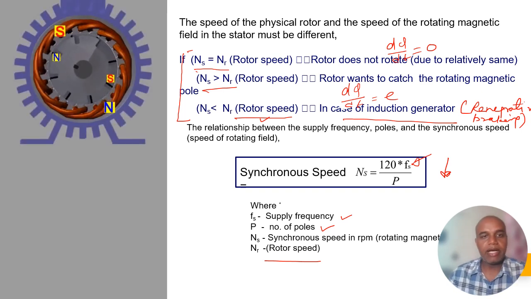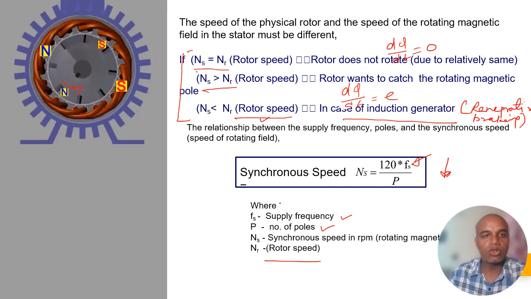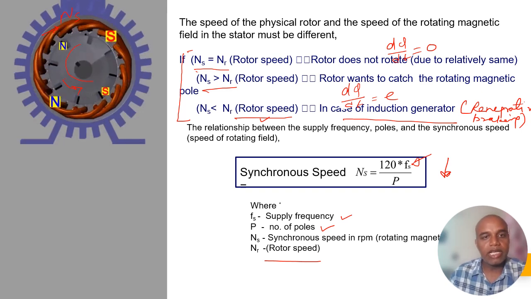So my rotor is rotating behind the rotating magnetic field, so it will always try to catch up with the rotating magnetic field, whereas the rotating magnetic field, shown here, is rotating at the synchronous speed. This is the case of the motor principle. If this rotor is rotating faster than the speed of the RMF, then it will become an induction generator.